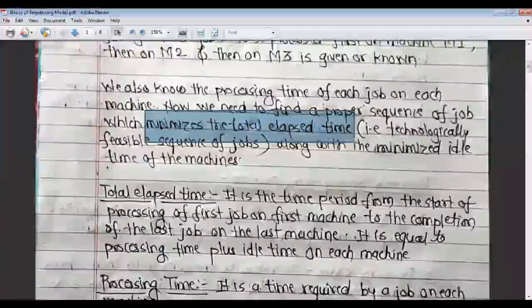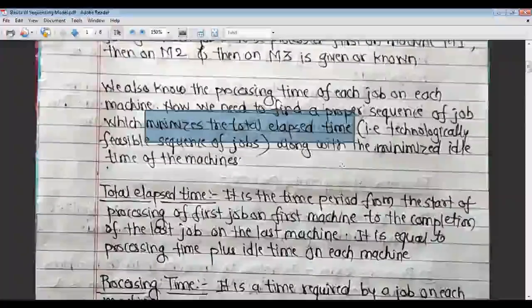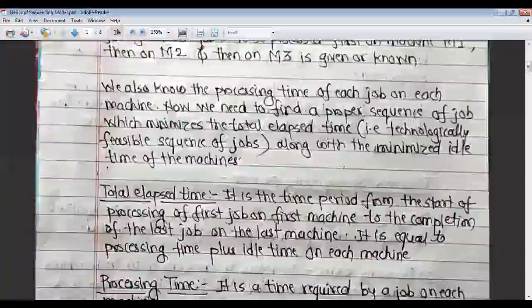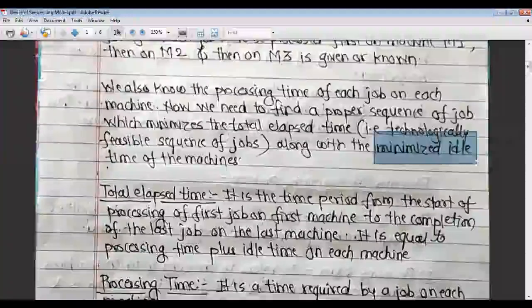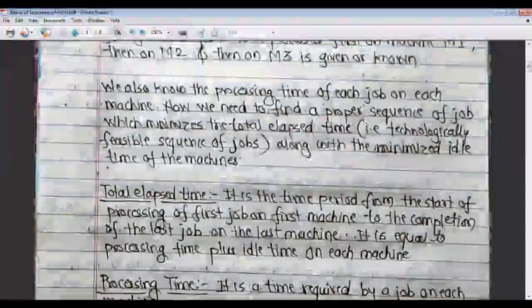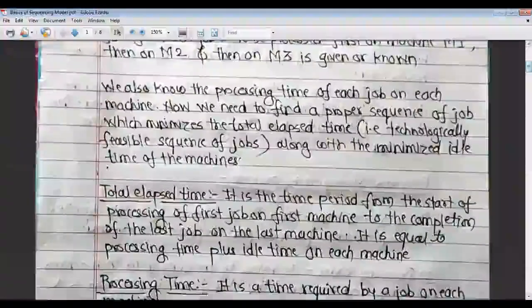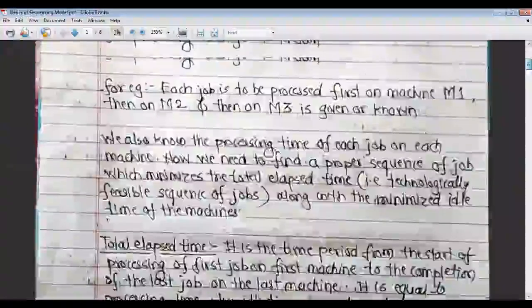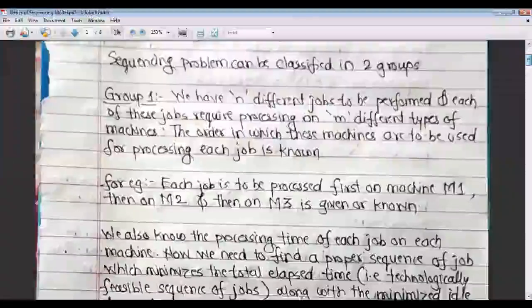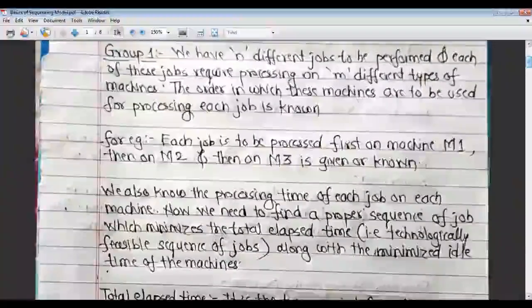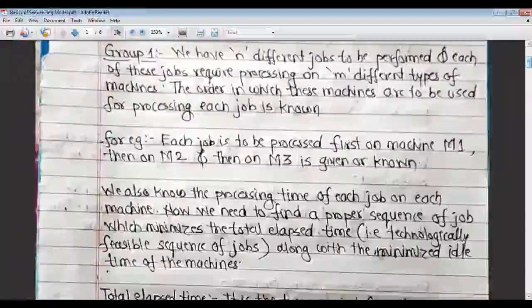So what is the objective here? It is the minimization of the total elapsed time, and along with it we also have to minimize the idle time of the machines. If you ask yourself what the objective function of sequencing is, it is to minimize the total elapsed time and to minimize the idle time of the machines.